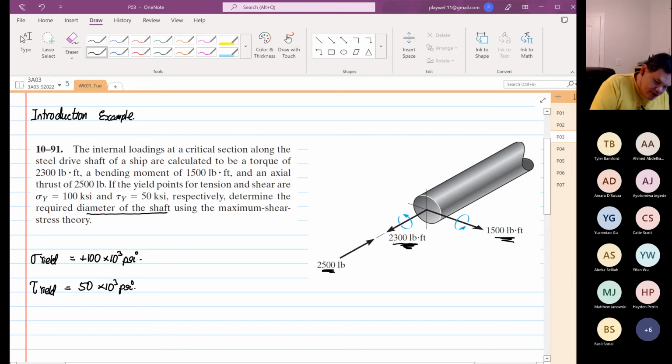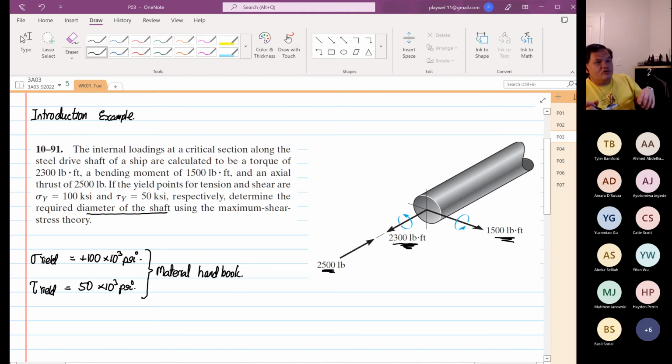Okay, so these two properties are from material handbook, like the table I showed you before. Okay, material handbook. And if you were to look at how they acquire these material properties, they are what? Unidirectional. Right?